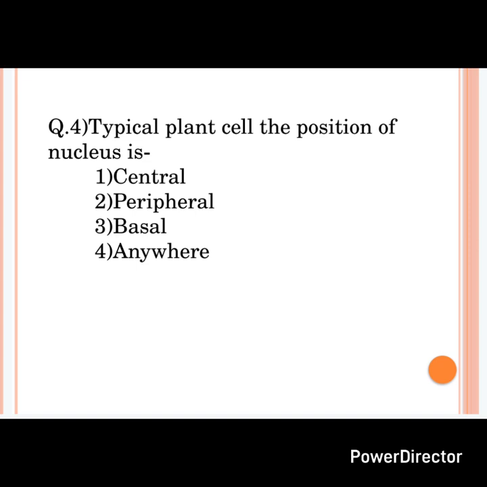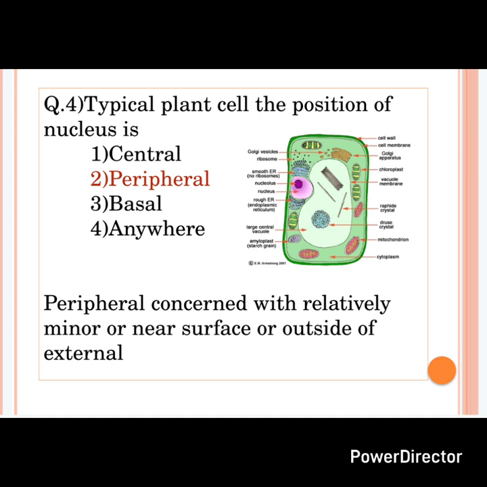In a typical plant cell, the position of the nucleus is: the options are central; second option, peripheral; third option, basal; and the fourth option, anywhere. The answer for this is, yes, it is peripheral. So you can see in the picture, here it is the picture of a plant cell.